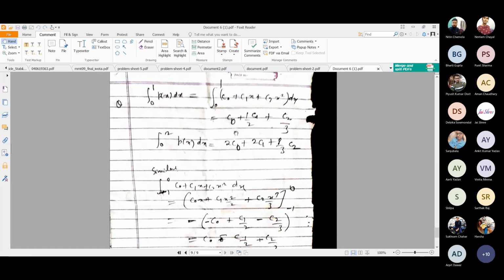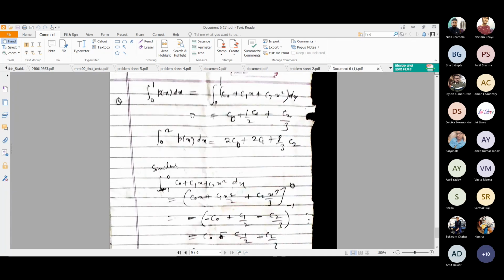So what she said is that because one vector is given, the integral from 0 to 1 of px dx, you can represent this px in the form c0 plus c1x plus c2x square. If you solve this integration, this comes out as c0 plus c1 by 2 plus c2 by 3.